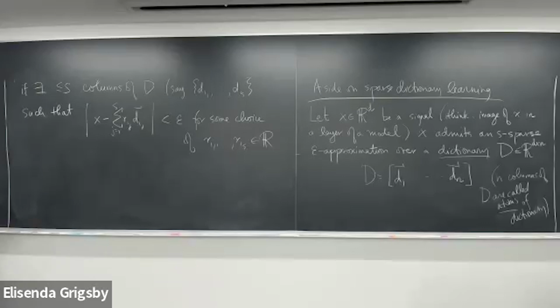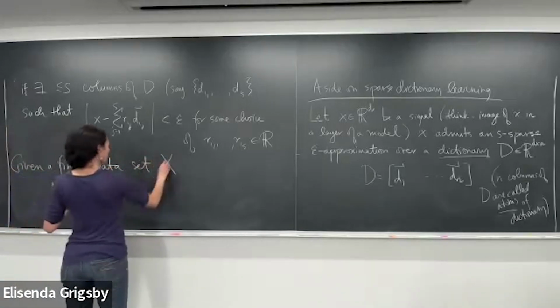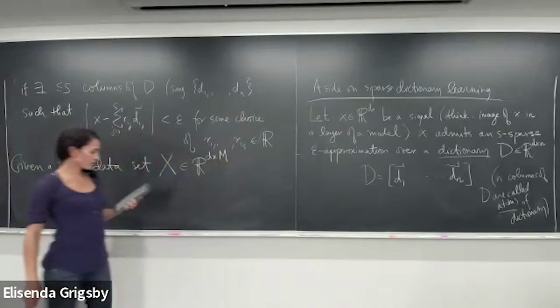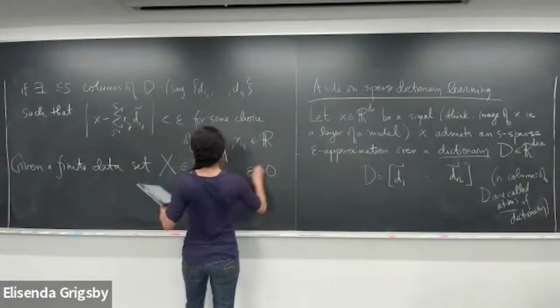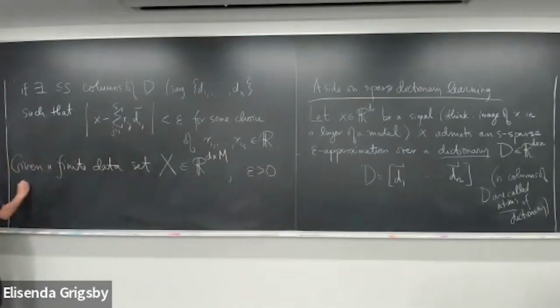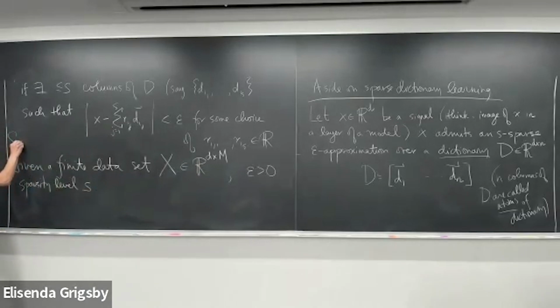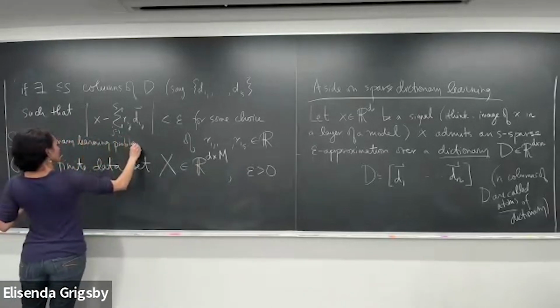You can ask the same thing given a finite data set X, so M data points, epsilon greater than 0, and again a sparsity level S. So the sparse dictionary learning problem in general is the following.